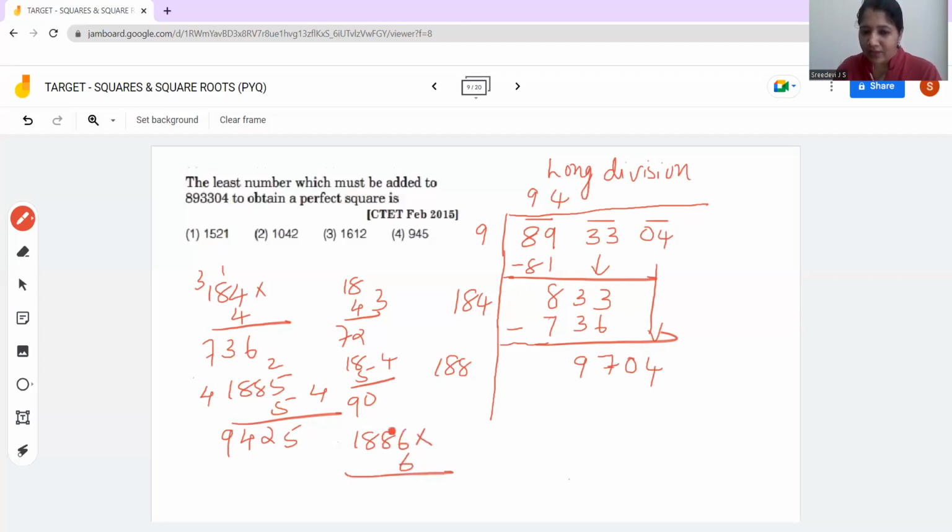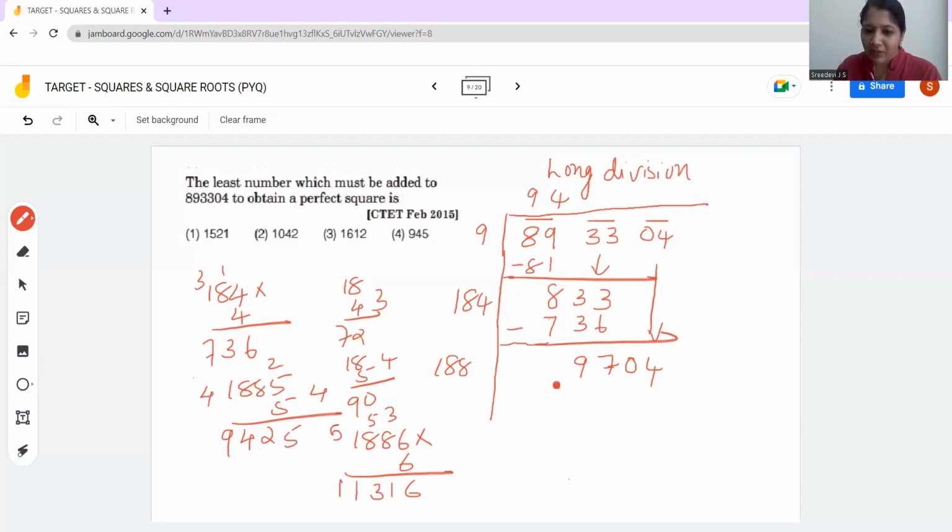So 1,886 into 6: 6 6s are 36, 3 carry over, 8 6s are 48, 48 plus 3, 51, 5 carry over, 8 6s are 48 plus 5, 53, 5 carry over, 1 6 is 6, 6 plus 5, 11.